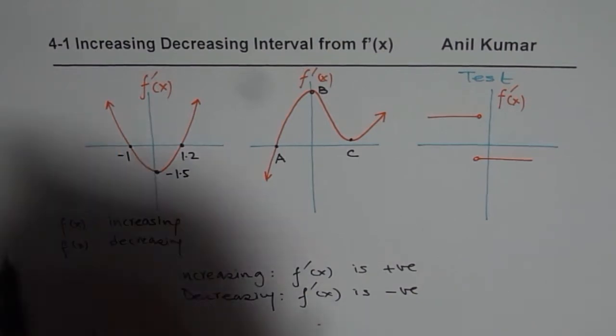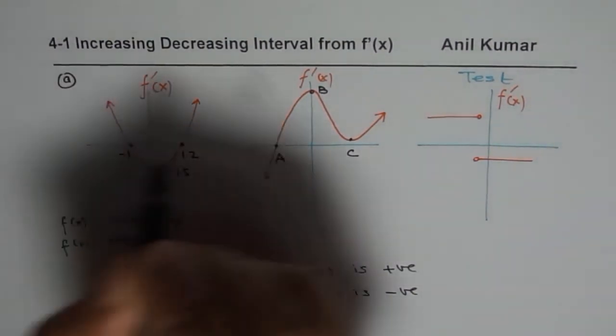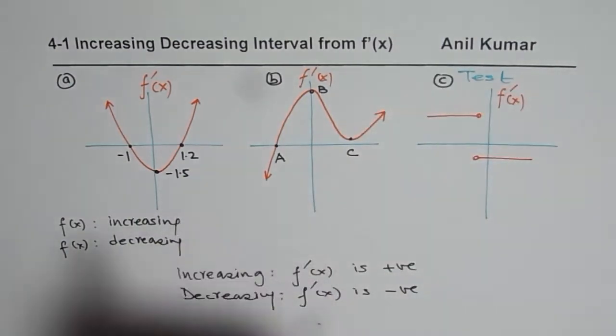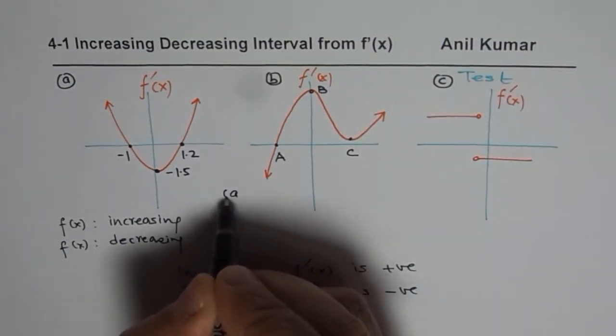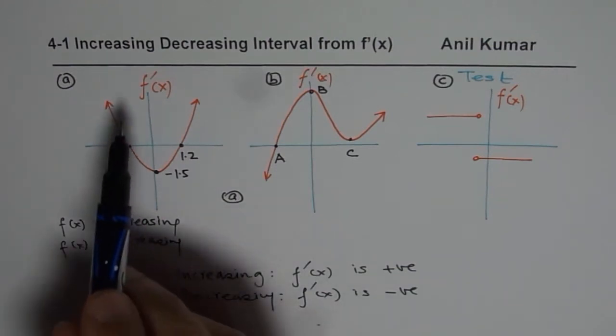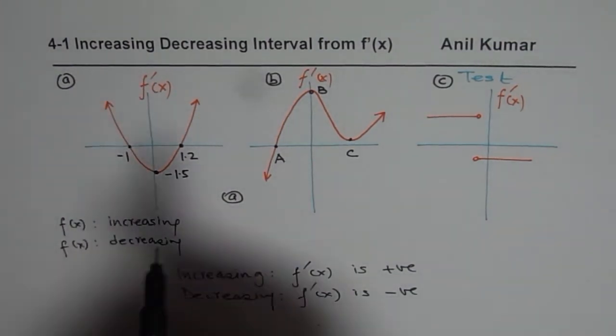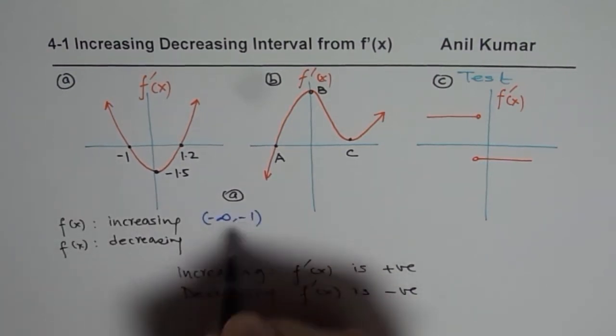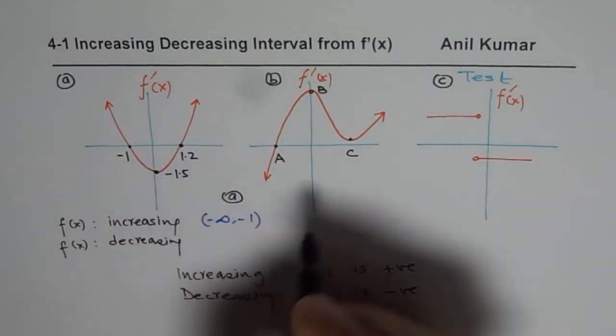So in the first case, let me say this is A for us, this is B for us, and this is C. So in the first case, what is the increasing interval? Now you can see that the derivative of the function is positive from -infinity to -1, and also after 1.2.